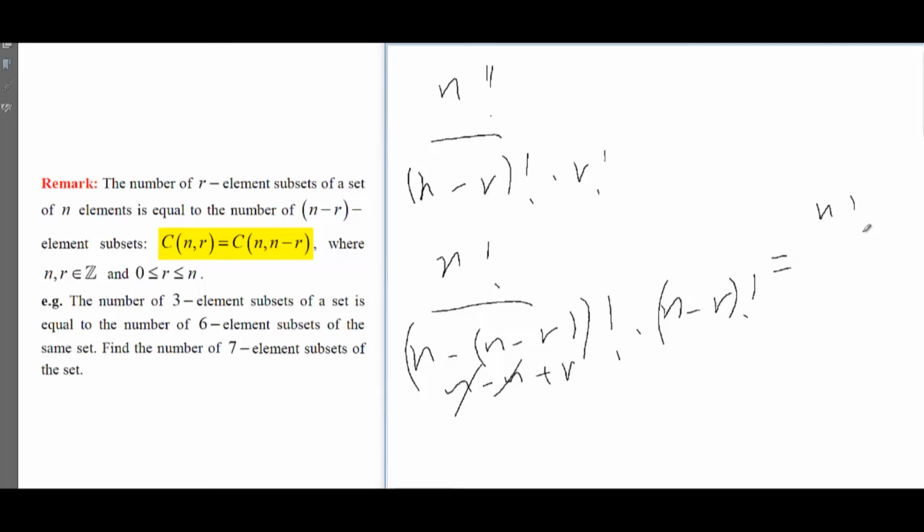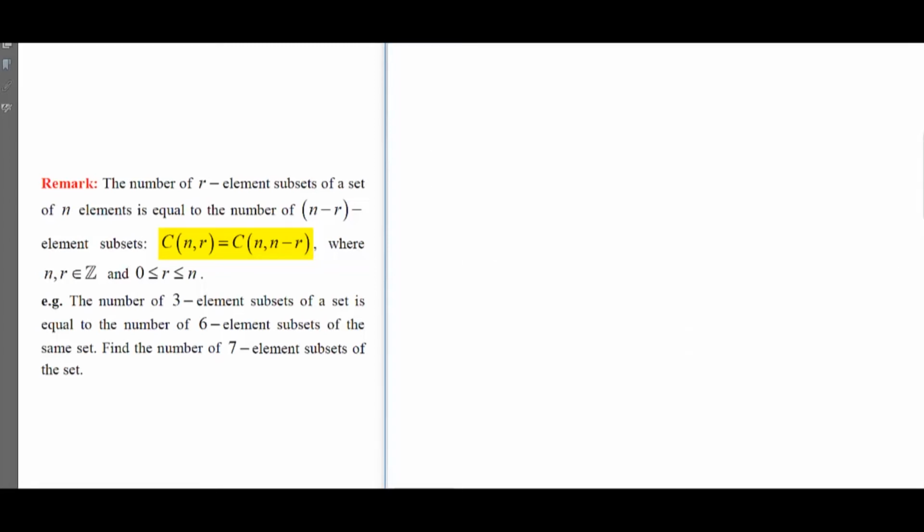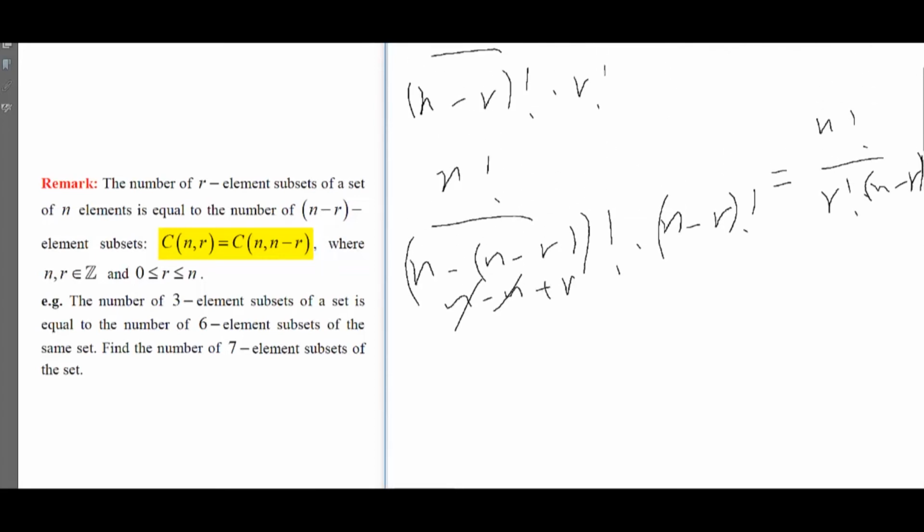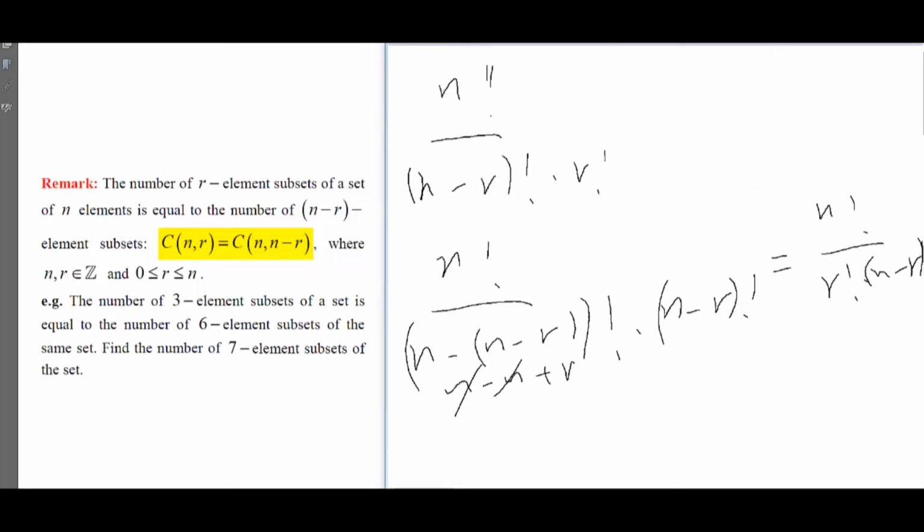So n factorial over r factorial times n minus r factorial is left. As you see here, on both sides we have n factorial over r factorial times n minus r factorial.